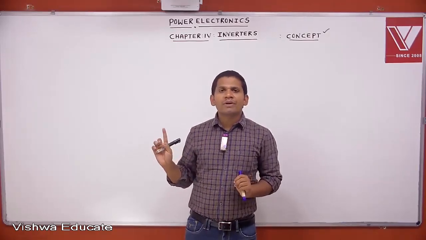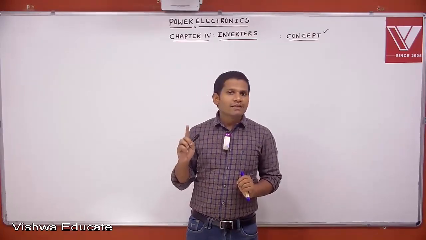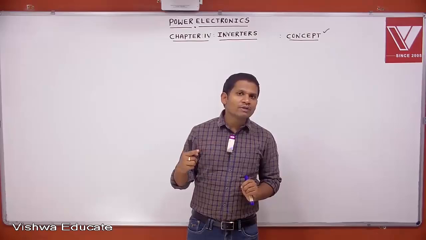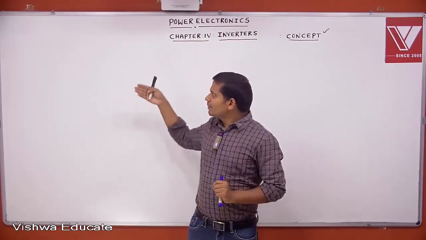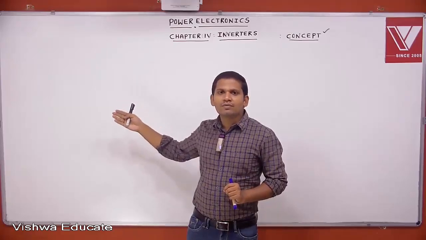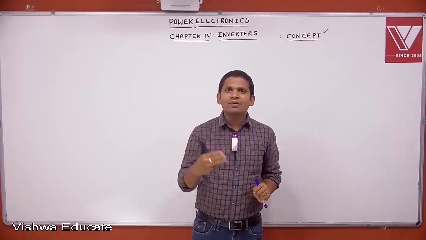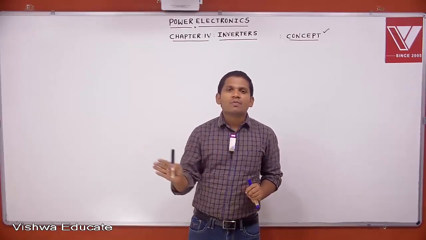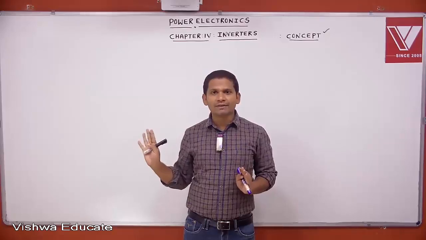In the case of full bridge inverter, the output voltage we are getting is Vs. In the case of half bridge inverter, the output voltage is Vs by 2. First I will explain the Fourier analysis of full bridge inverter. In those formulas, if you replace Vs by Vs/2, then those formulas are for half bridge inverter. Simply remember like that. Clear?